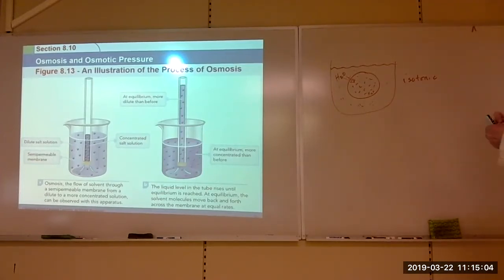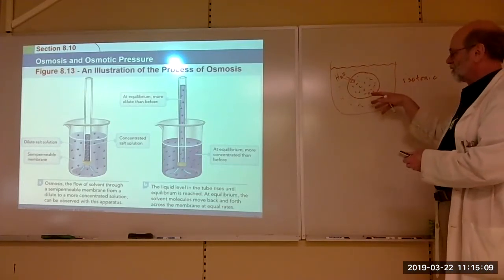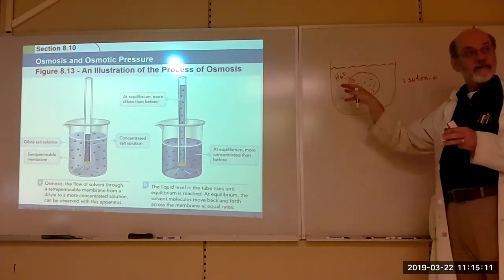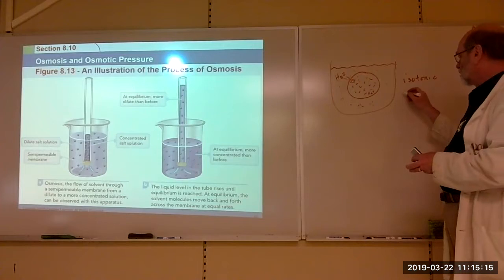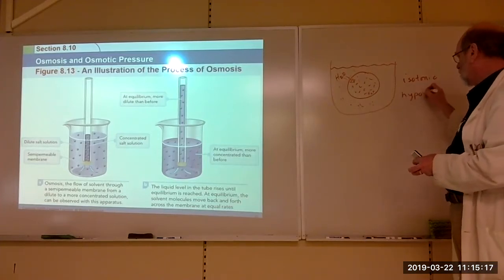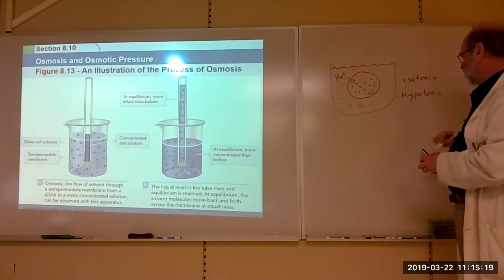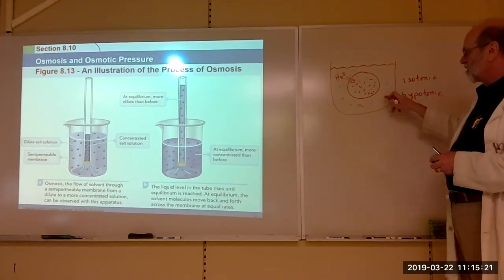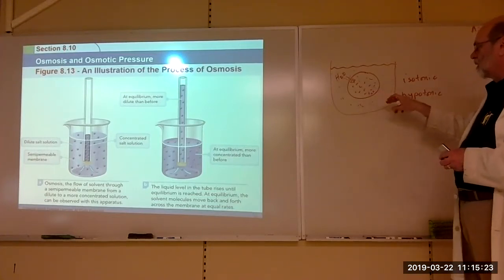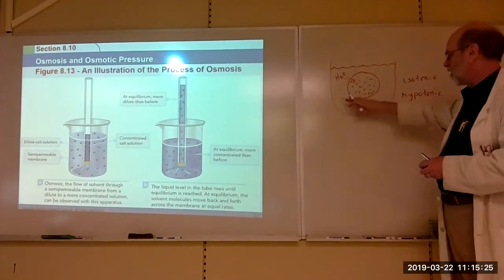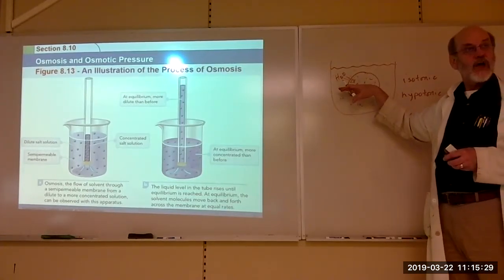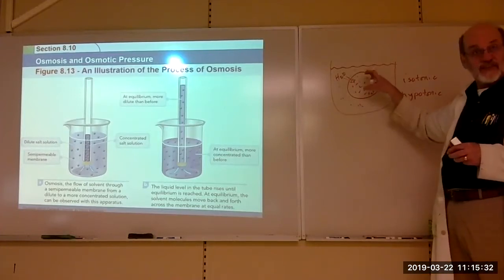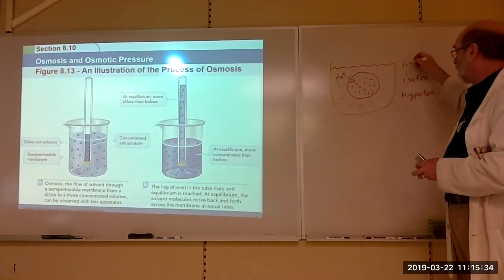Now, what are the other possibilities? Well, the solution outside the cell, if it's pure water, is hypotonic. If the concentration of water is low and you have lots of solute out here, more than is in the cell, it is hypertonic.